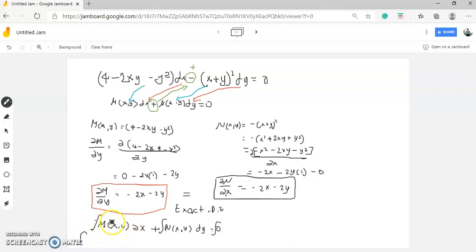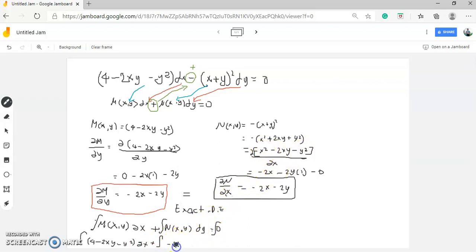So substitute our M, which is this one. So our M is 4 minus 2xy minus y squared, equals partial of x, plus your N. Copy it so that we don't have extra.